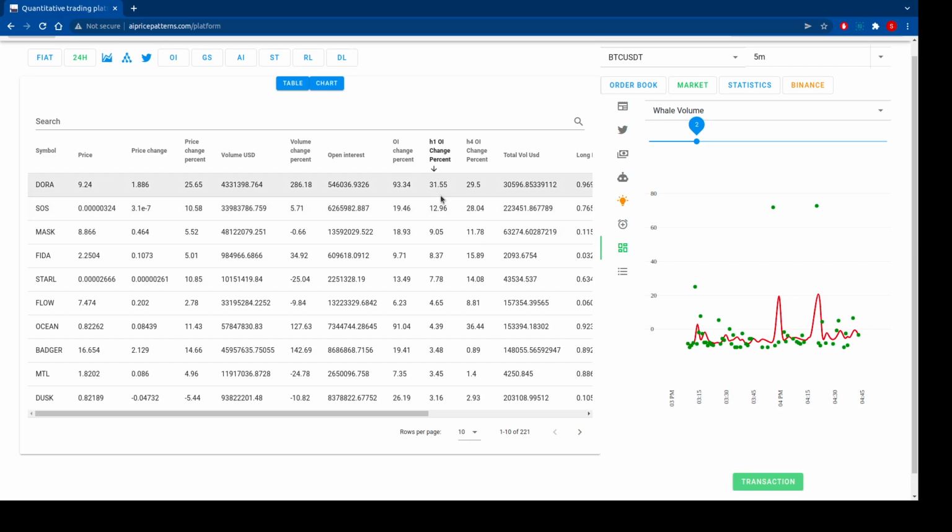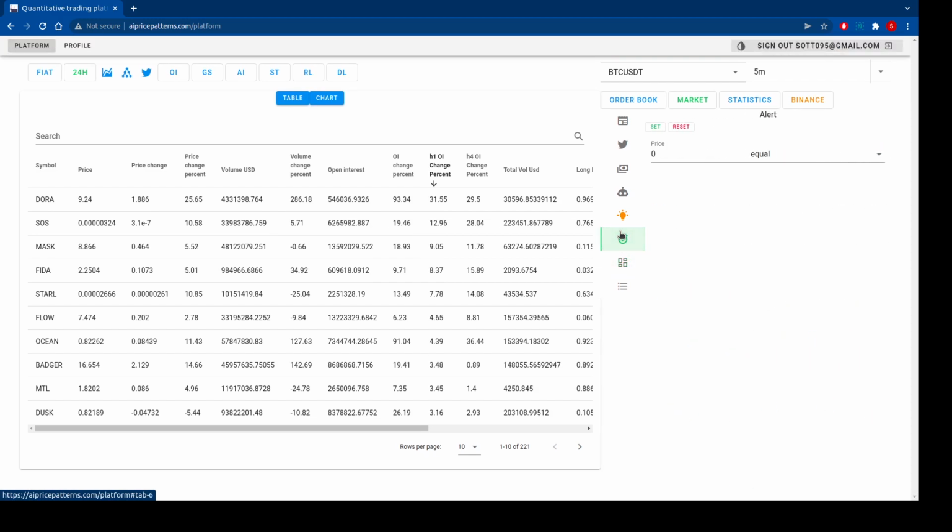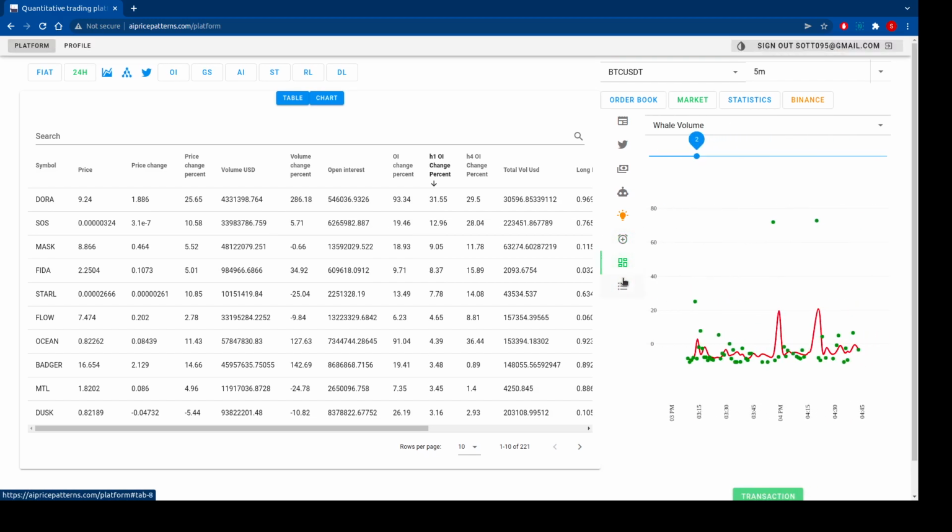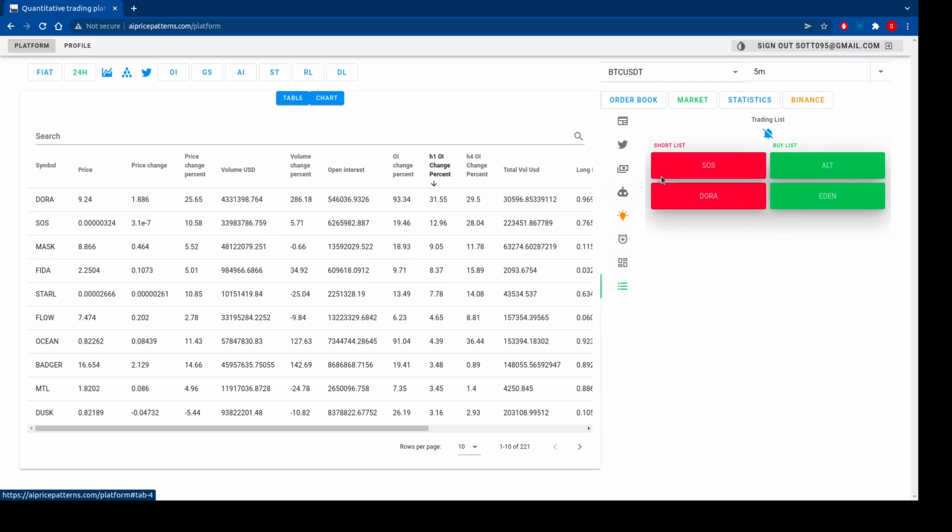To make the information more readable we could use, for example, this one, it means some short list where we have too many increasing open interest for some coins.